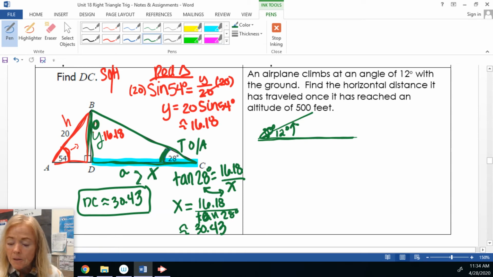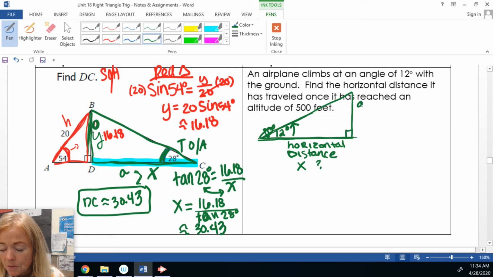Now the horizontal distance is along the ground. I'm going to just write that out so that you see it. We want to know what that is once the airplane has reached an altitude of 500 feet. Now this is your altitude.